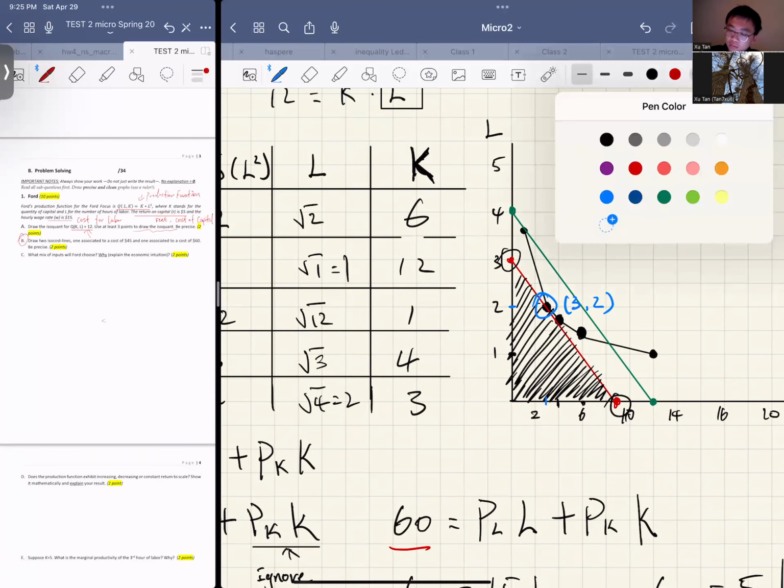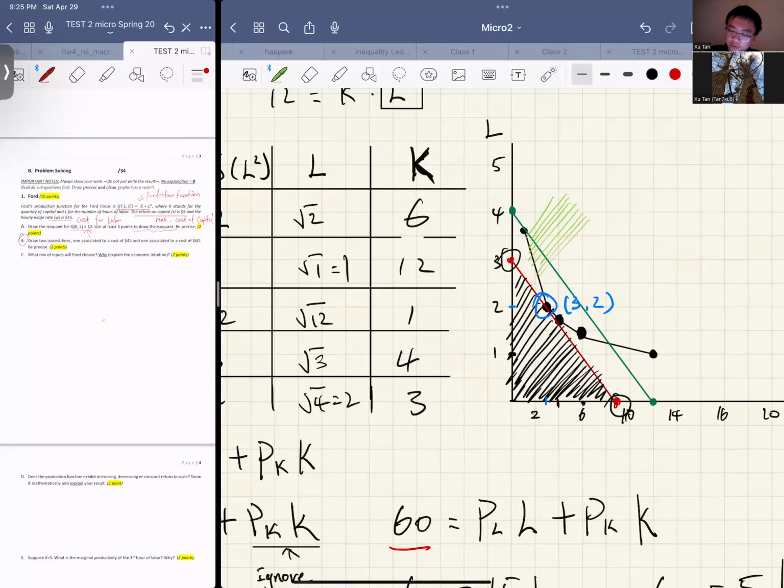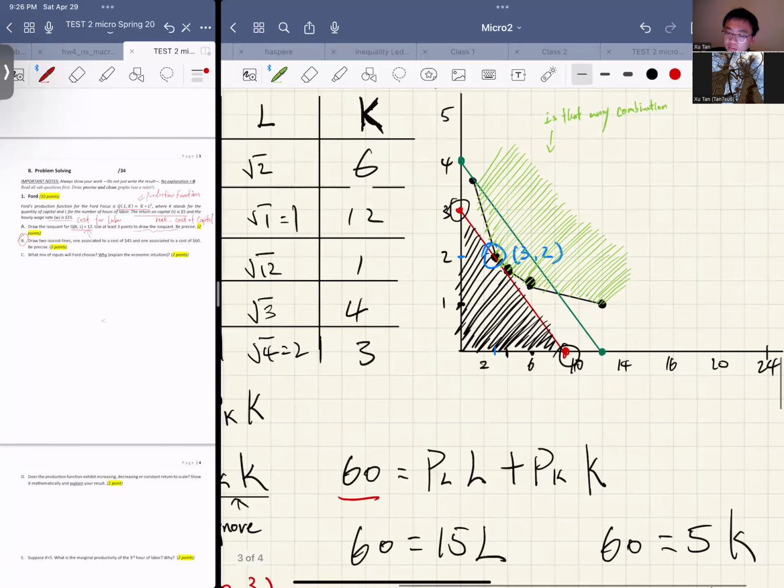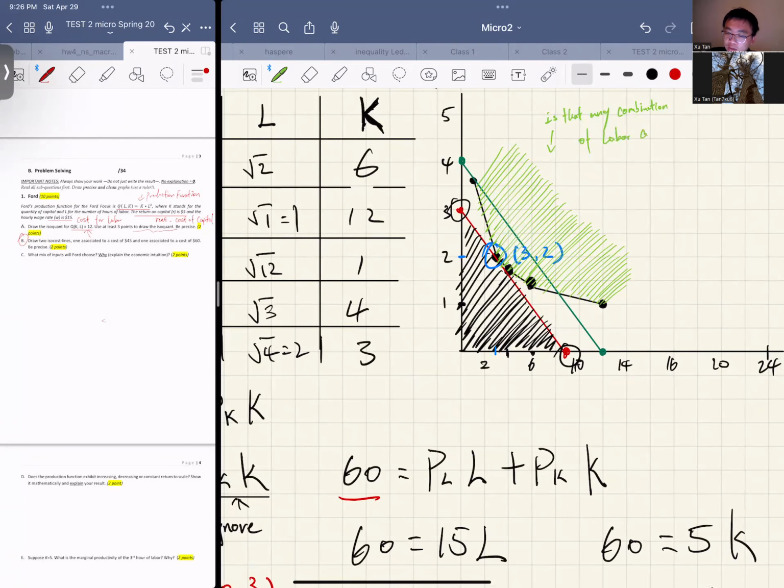We know that this production function right here with green is any combination of labor and capital that can at least produce 12 units.